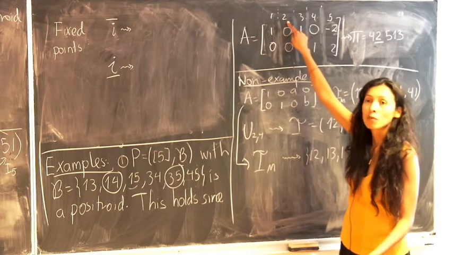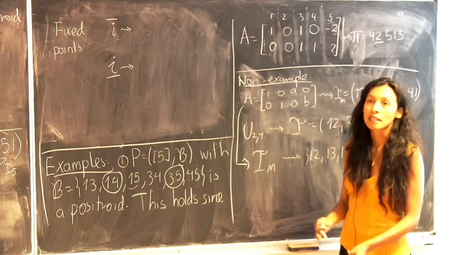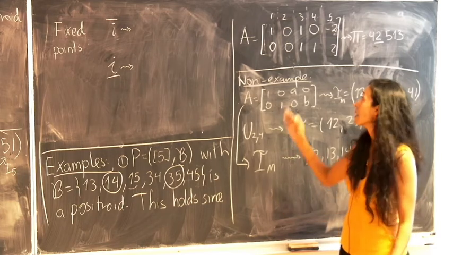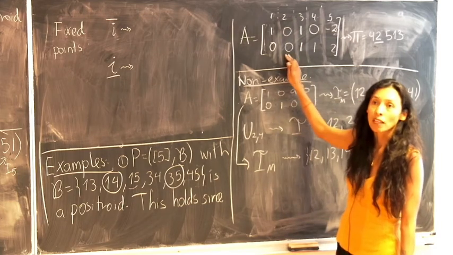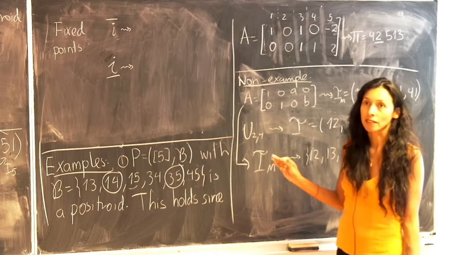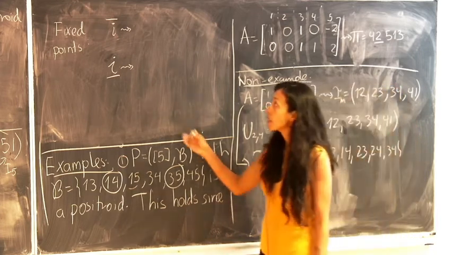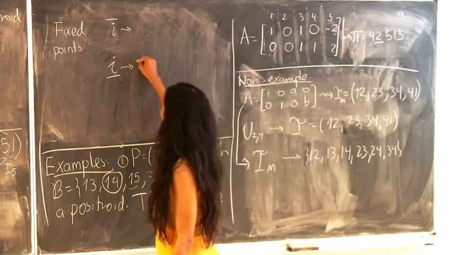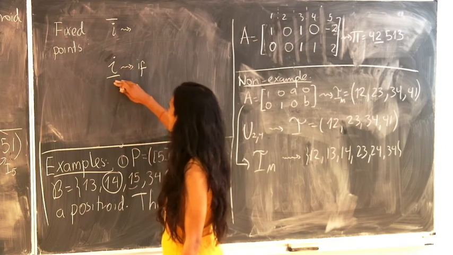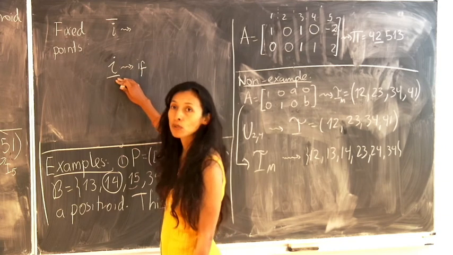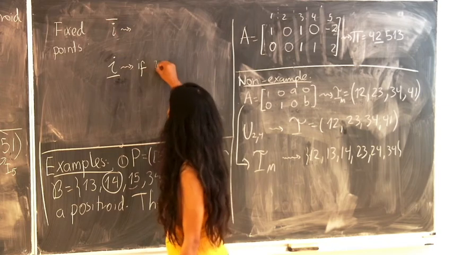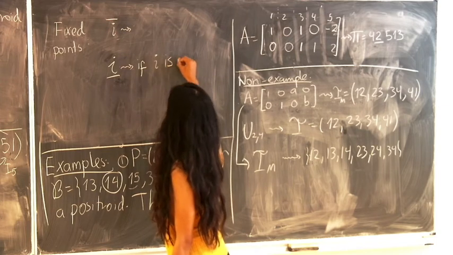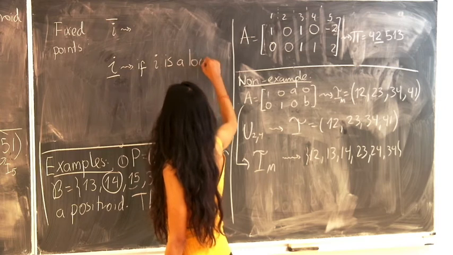And what that means from the basis structure of the matrix is that this guy being the 0 vector does not show up in any basis. It does not appear anywhere. So fixed points are either things that do not show up in any basis, and we say that this is a loop.